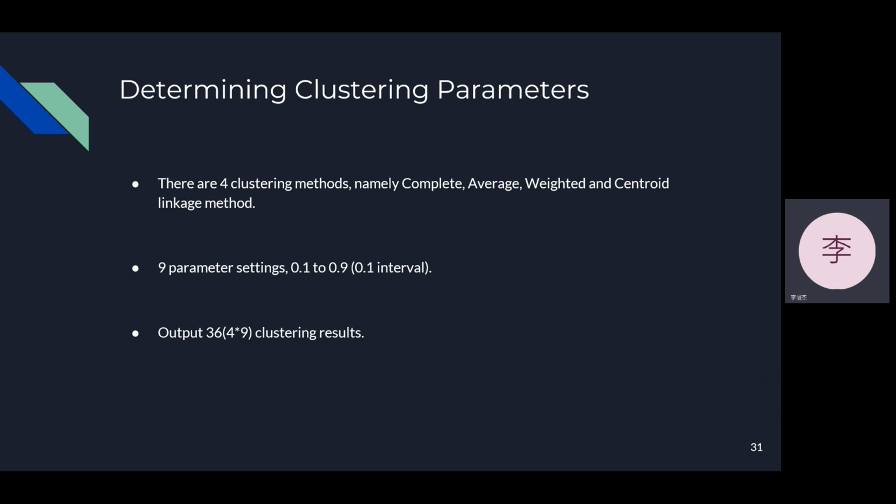But how to determine the clustering parameters? Because there are 4 clustering methods: complete, average, weighted, and centroid linkage, and 9 parameter settings from 0.1 to 0.9, this outputs 36 cluster results.